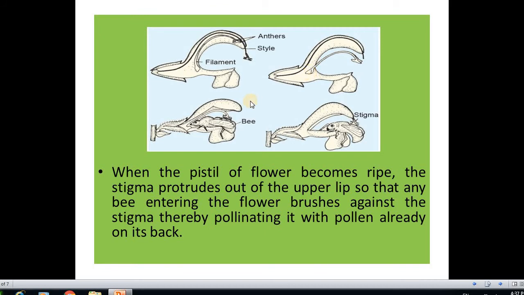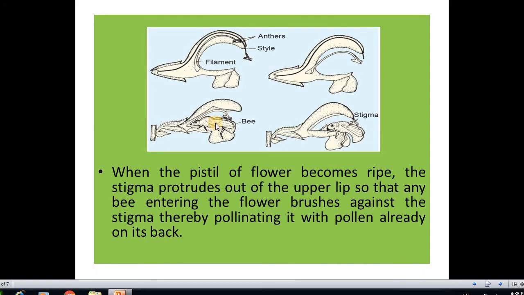The lever mechanism is there. When the bee comes to get the nectar, which is present at the innermost part of the flower, the nectary, a glandular organ, secretes the nectar. As the bee enters, you can see the anther touch the back of the bee, and due to that the dust-like pollen grains are deposited on the back of the bee.